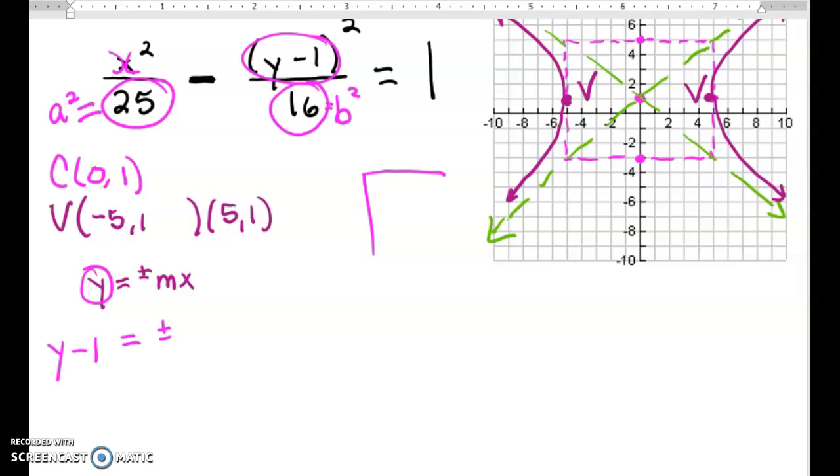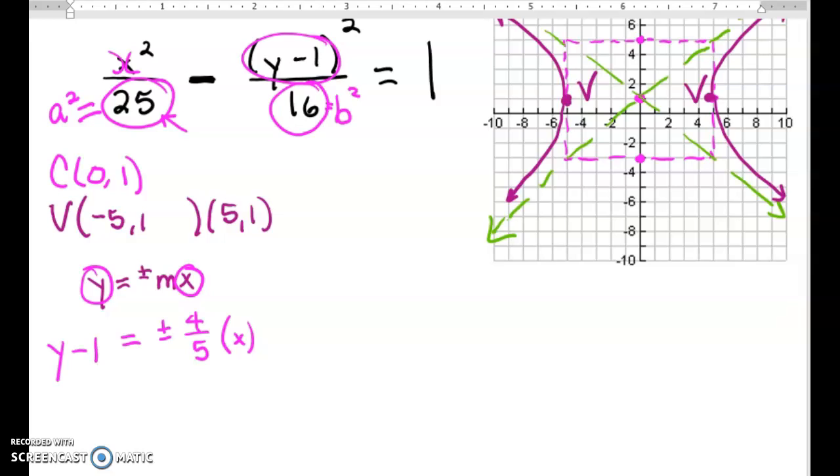Run is always associated with the x-axis. So we rose 4 and we ran 5. And then in place of the x, whatever is with the x, like if you had an x plus 1, you would put an x plus 1. But x is all by itself, so it's just x this time. Okay, those are the asymptotes.